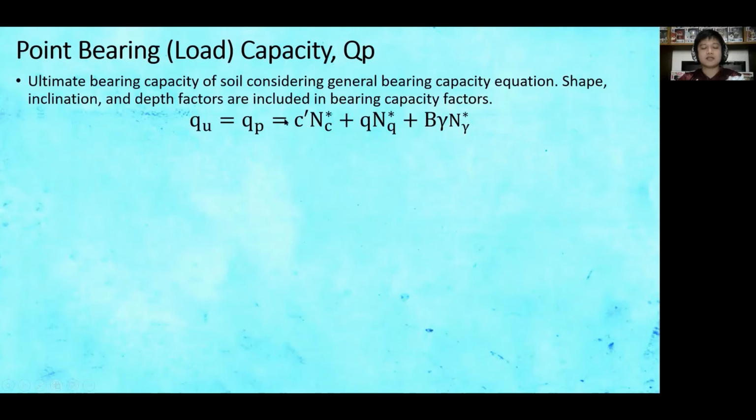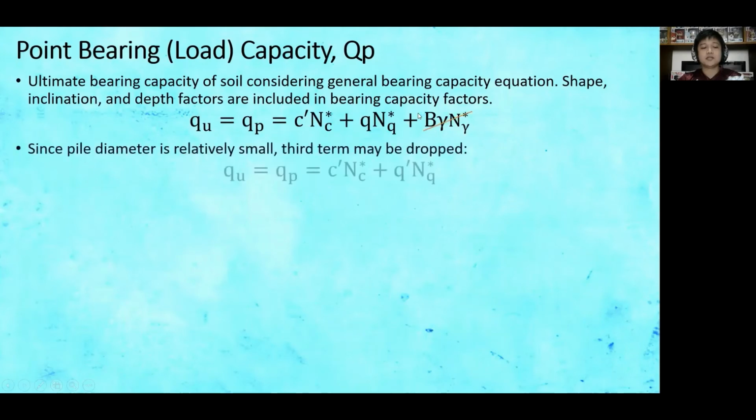So our bearing capacity factors now are NC star, NQ star, and N gamma star. Our QU, from the concept of shallow foundation, will be our q sub P for our point bearing. Since pile diameter is relatively small, the third term may be dropped, so our B gamma N gamma star.